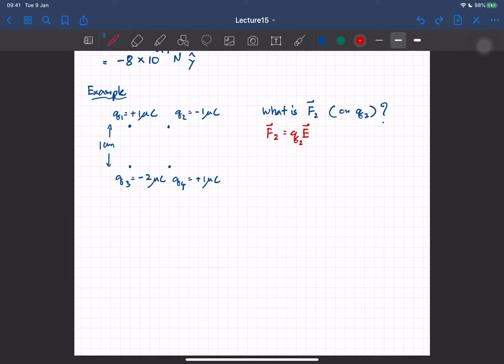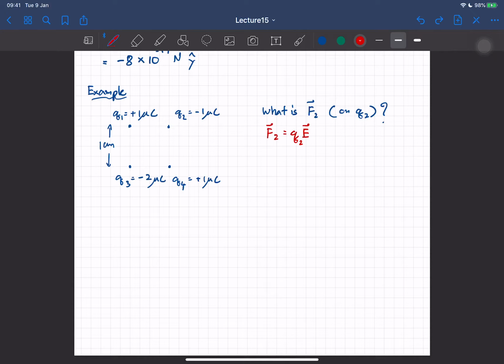And all of them are gonna give different magnitude and different direction. So you need to combine all the electric fields from every single charge other than Q2 together. Once you have that E, which is the net electric field, then you just multiply by Q2 and you get force F2. And hopefully we're gonna get the same number as last time, right?